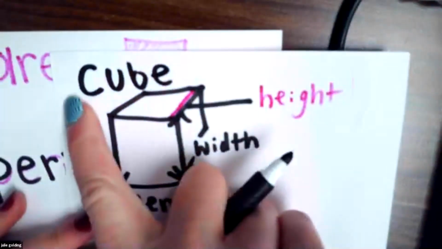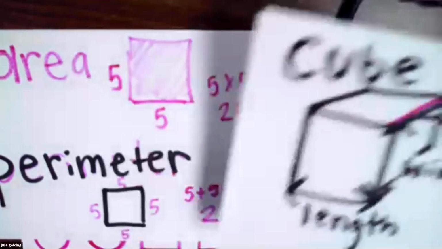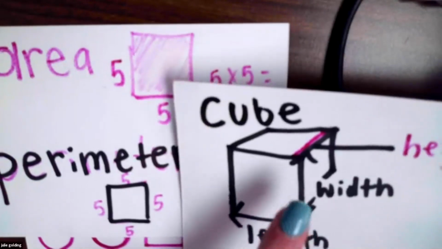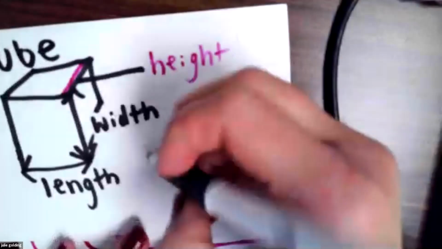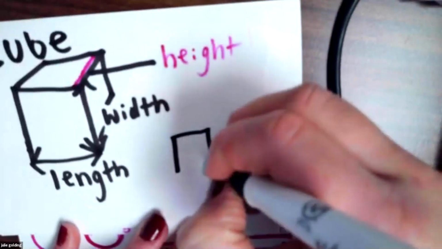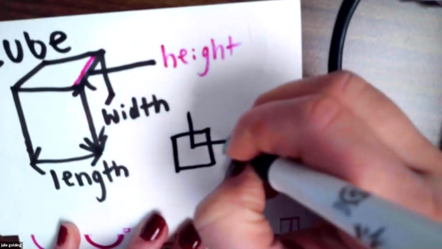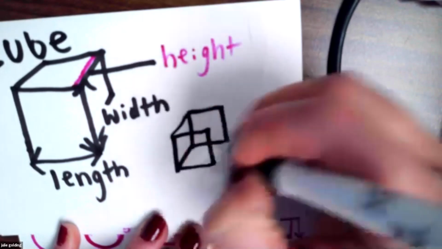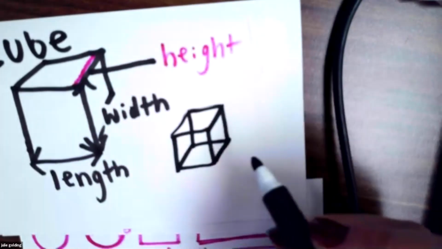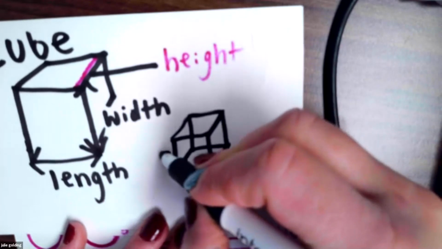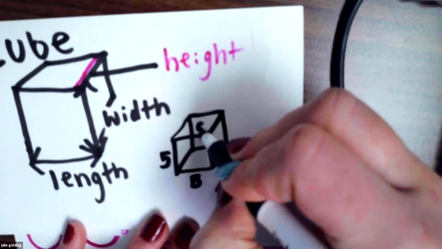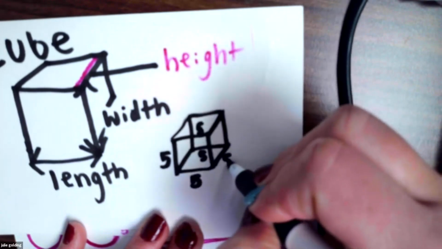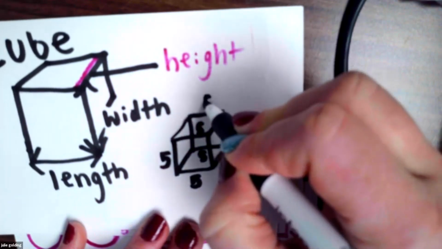Okay. So when we want to find the measurements for a cube, which starts with a C, C-U-B-E, this is called a cube. It has a square on each side. So all sides are the same, okay? So this is 5, this is 5, this is 5, 5, 5, 5.